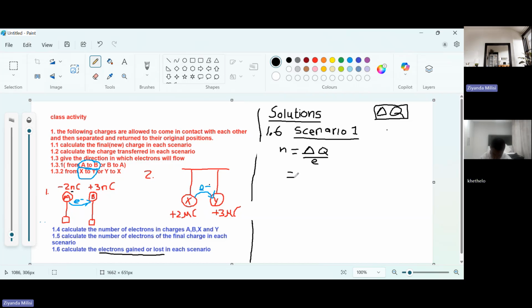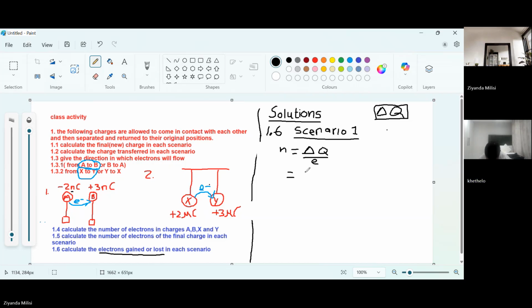So you go to the first scenario. What was the charge gained or lost between A and B? It was not the final charge. That was not charge gained.